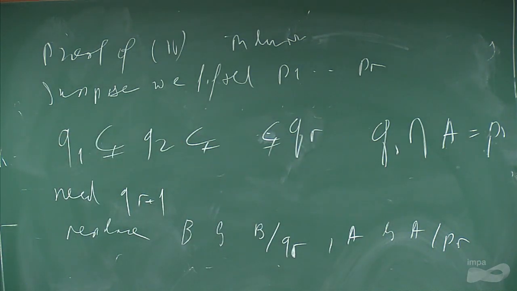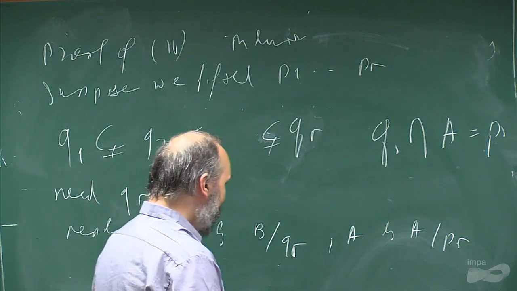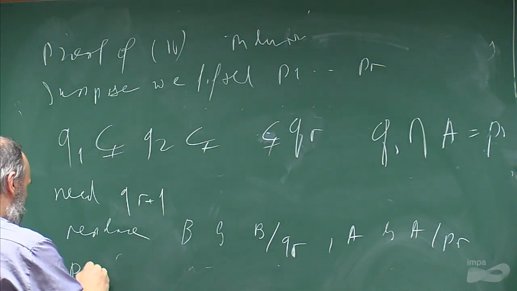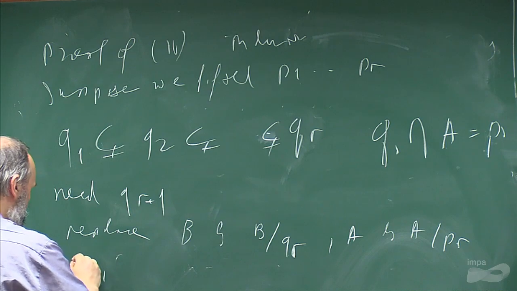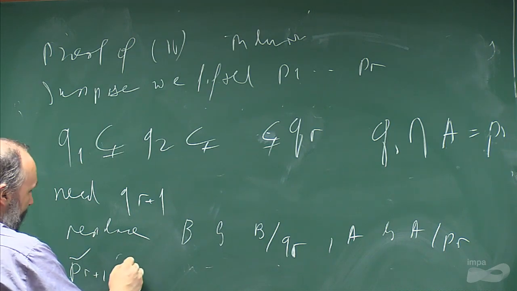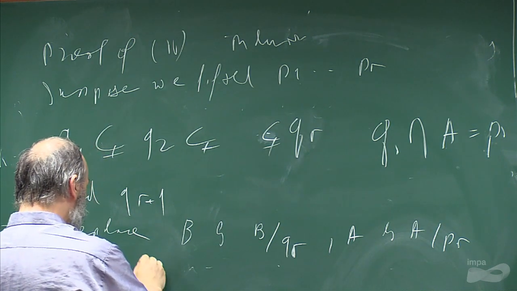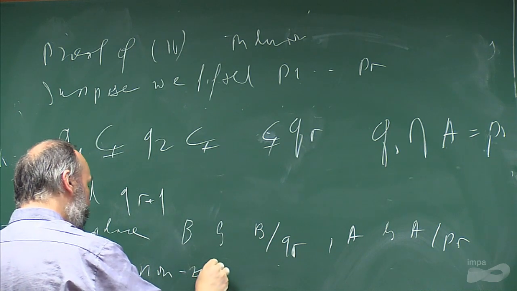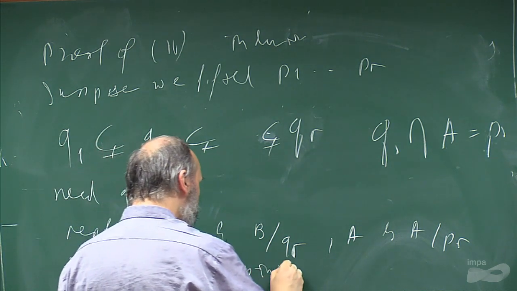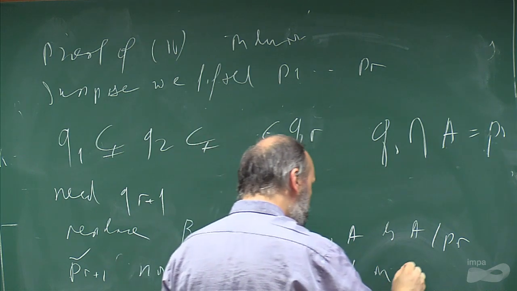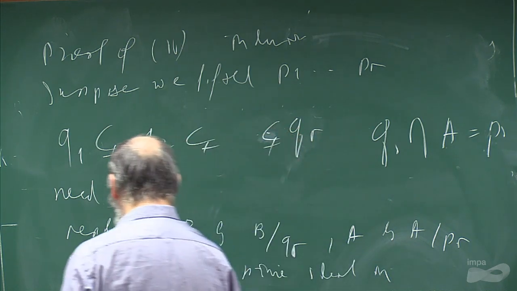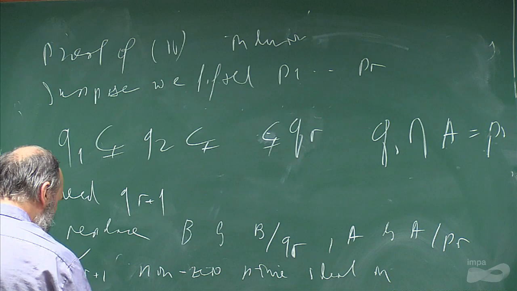And we need to find Pr plus 1 tilde. This is a non-zero prime ideal in A quotient by Pr.